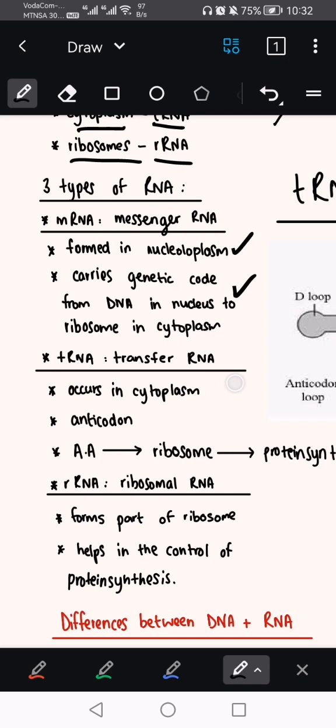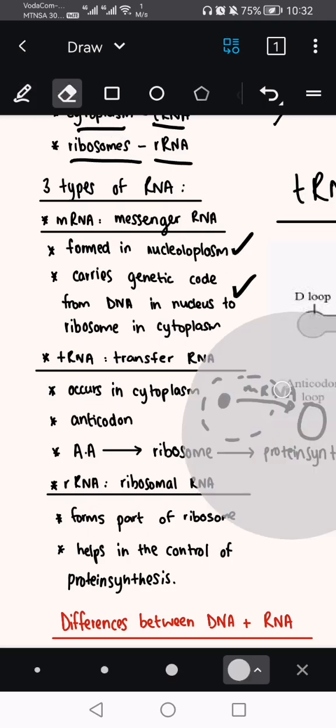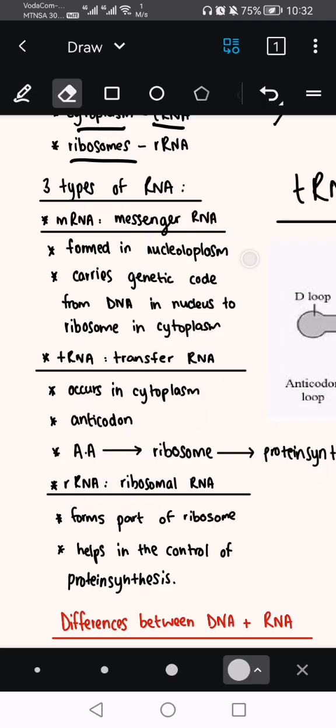So from the DNA, which is housed in the nucleus, it will carry it out into the cytoplasm to the ribosome. That is the function of mRNA.